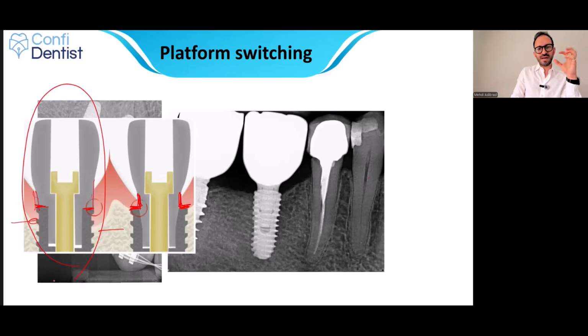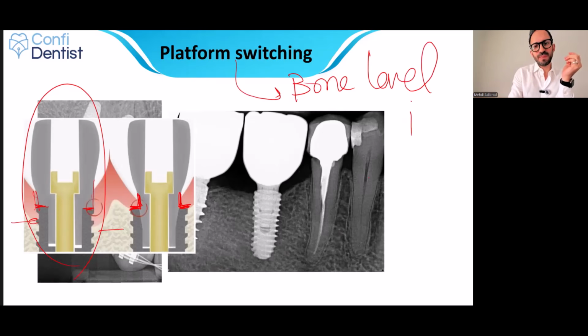Reminder, platform switching is something that we only see with bone level implants. Okay. Only. So if I see platform switching, it means that's a bone level implant. So that is like a guarantee that it's a bone level implant. Okay.